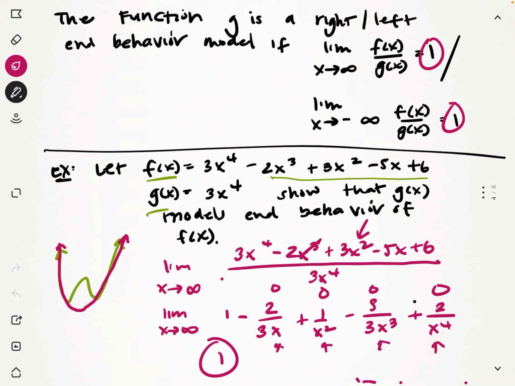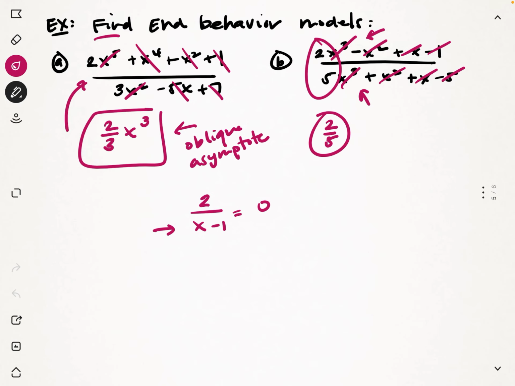So we said that if we're given an f and a g of x, if we divide them and it's equal to 1, then we know that the g of x is an end behavior model of the f of x. And then we ended up just finding the end behavior models, connecting the idea back to horizontal asymptotes and our ideas of horizontal asymptotes from Algebra 2 and pre-calculus.